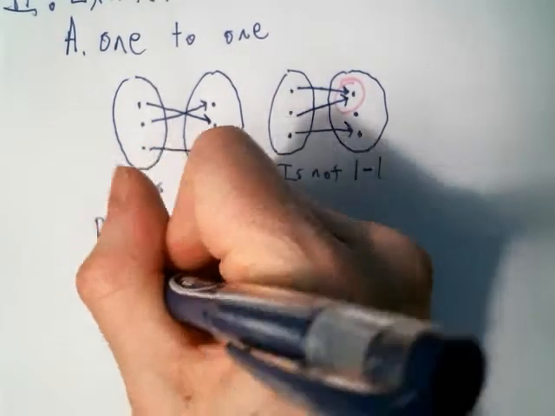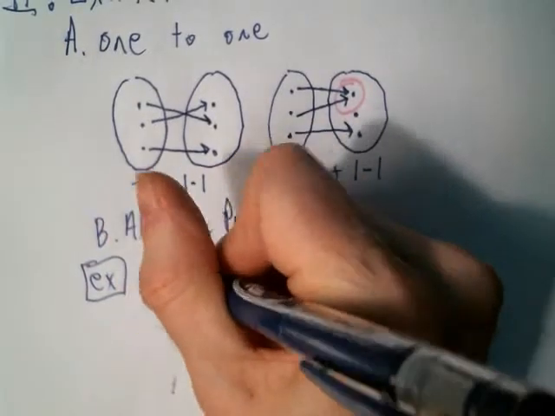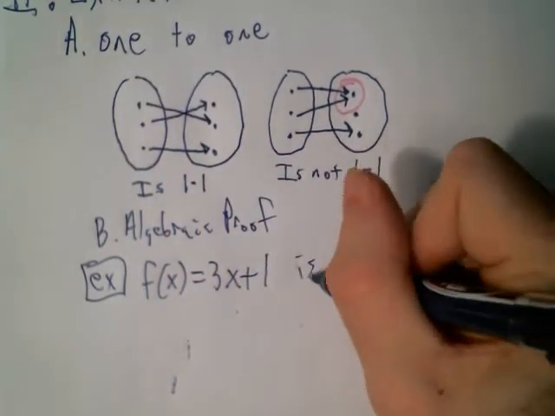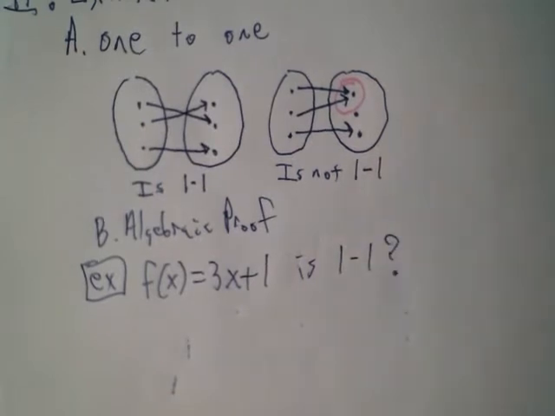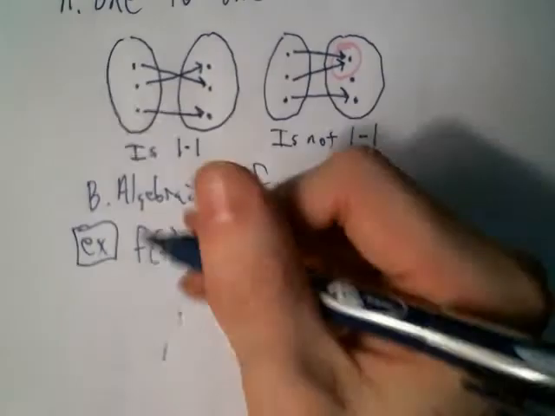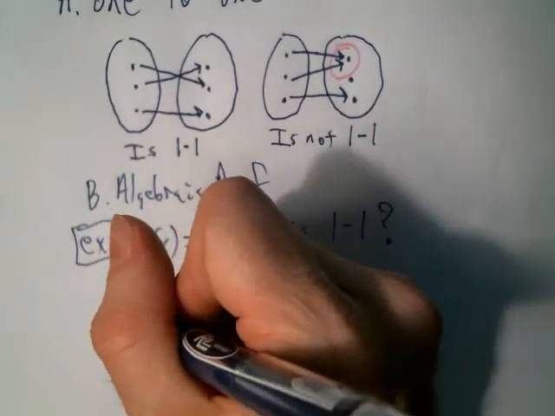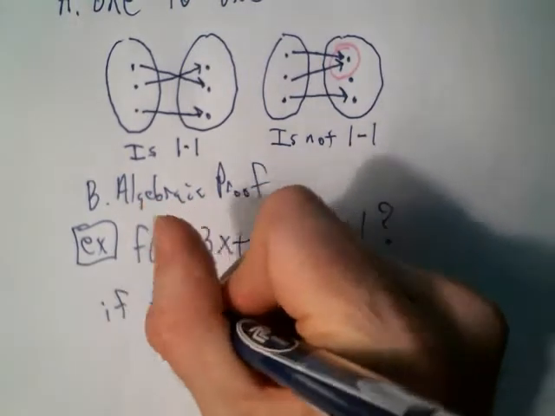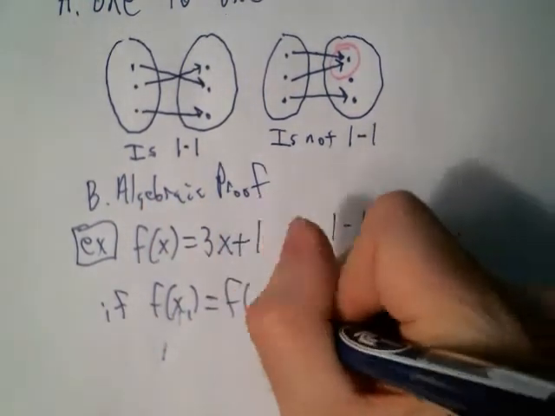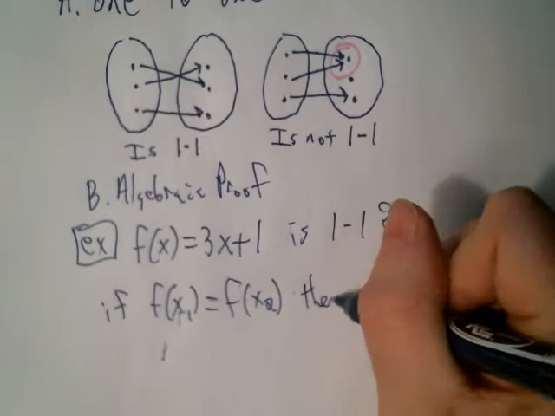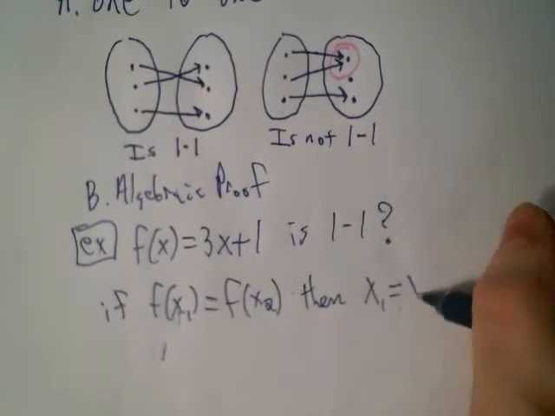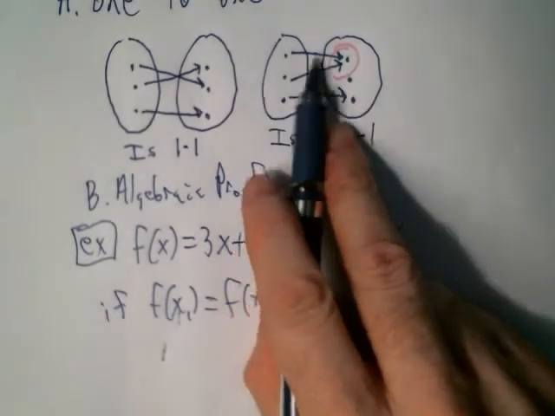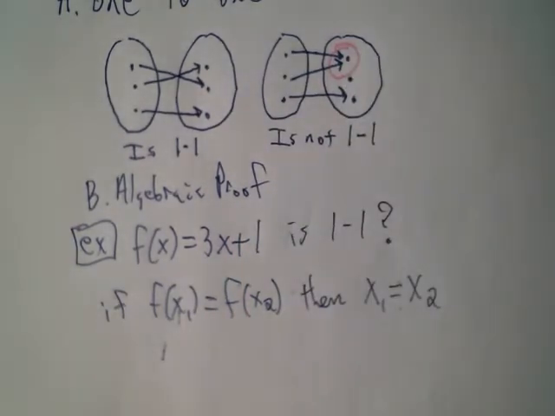Let's say, for example, prove that an equation of a line, say 3x plus 1, is 1 to 1. So if a function is 1 to 1, how does it work? If f of x1 is equal to f of x2, then it must be the case that x1 equals x2, because you can't have two different x values going to the same y value.